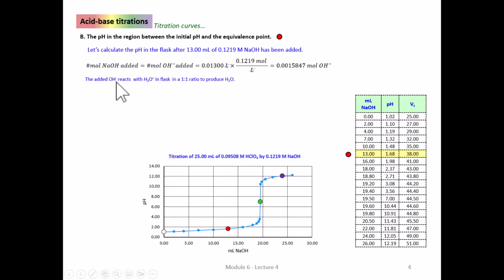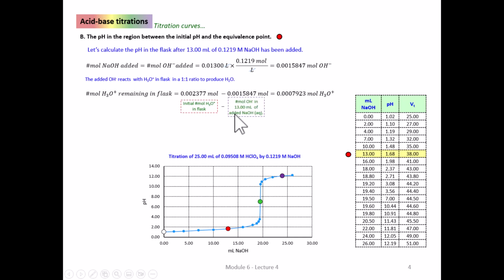Remember, the added hydroxide will react with hydronium ions that are in the flask in a 1-to-1 ratio to produce water. So how many hydronium ions will remain in the flask? Well, we initially had 0.002377 moles of hydronium ions.